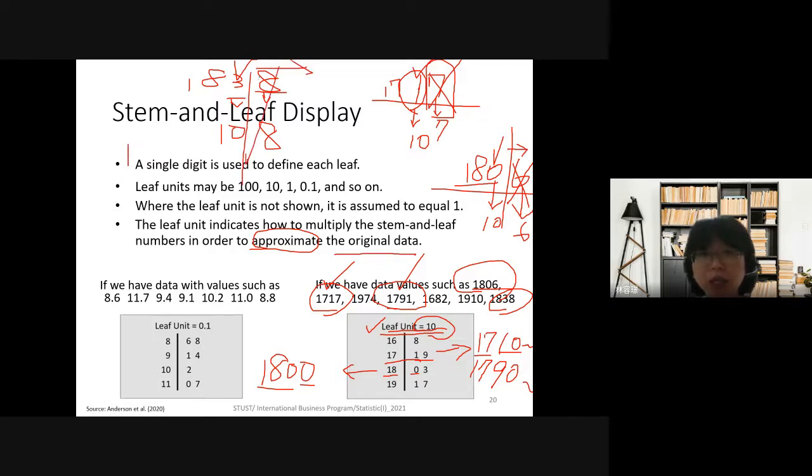So it will be 18, 3 here. When you finish those arrangements, you have to rank them in order, from small to large. So this is the stem and leaf display.